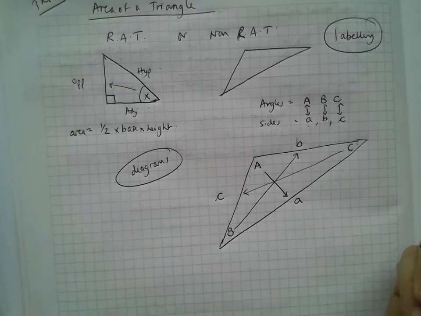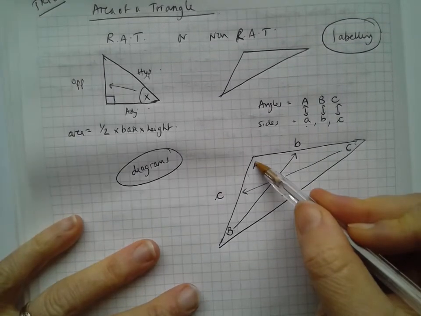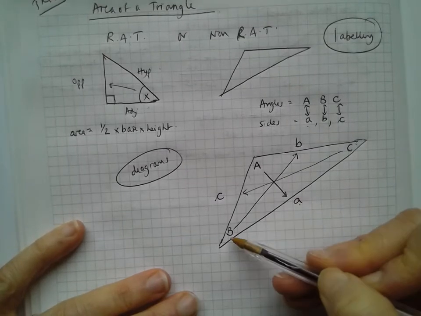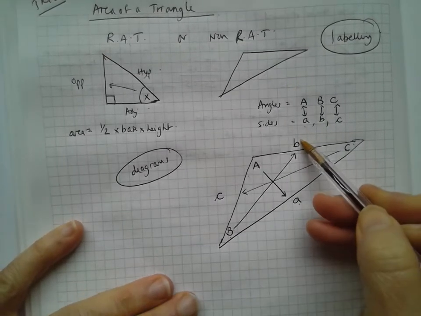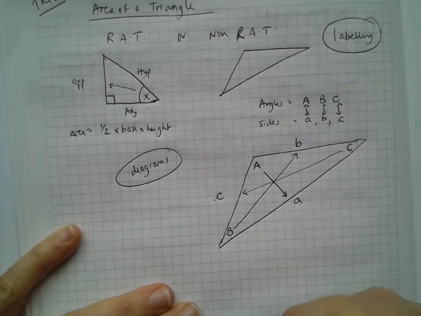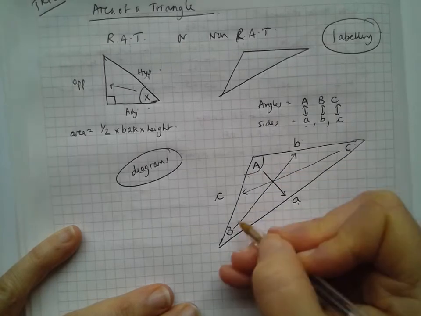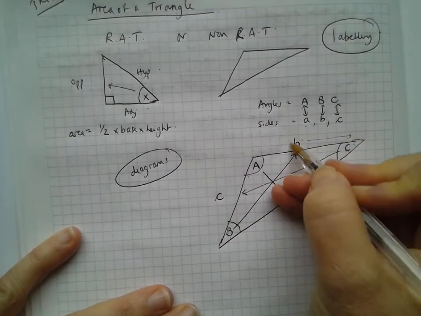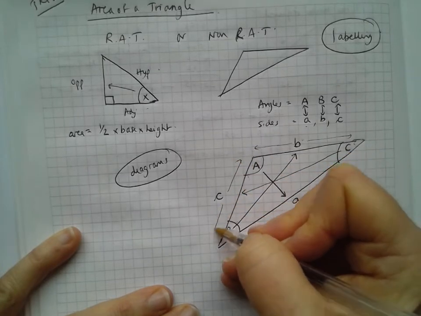So angle A is here, side a is directly opposite it. Angle B is here, side b is directly opposite it. And angle C is here, and side c is directly opposite. So this is an angle, this is an angle, and this is an angle. This is a side, this is a side, and this is a side.